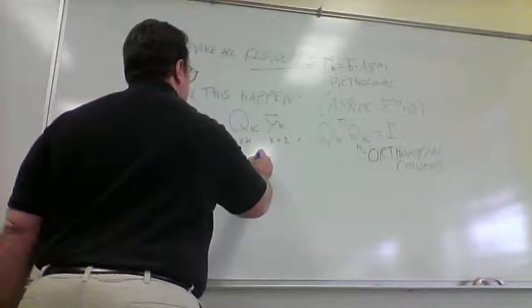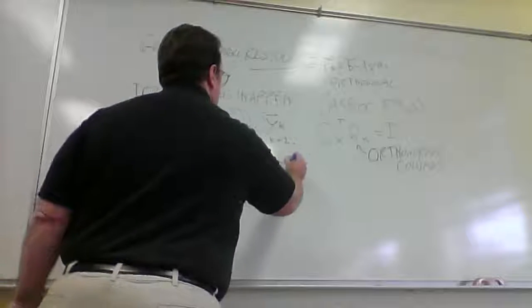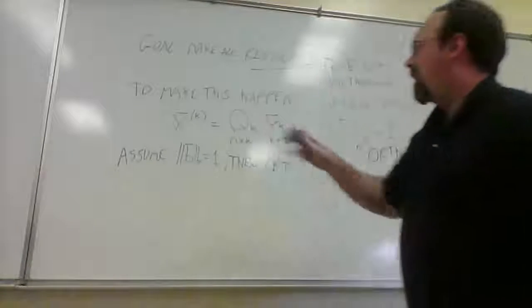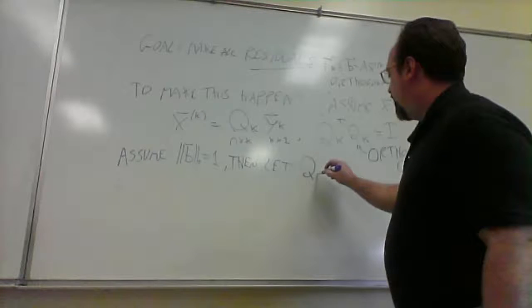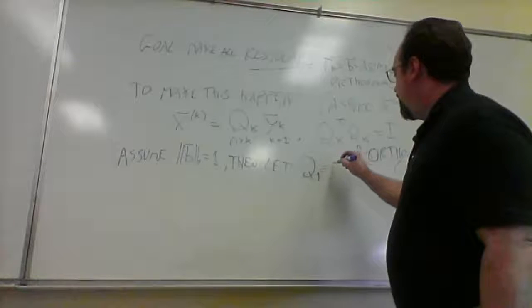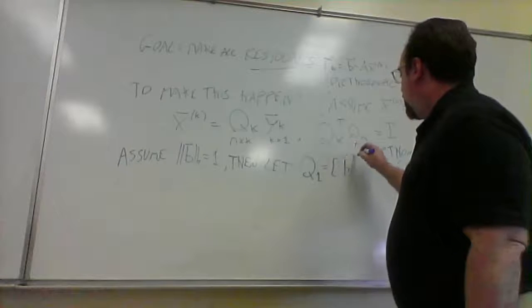The reason why I'm doing that is I'm going to prescribe that the first column of Qk, so q1, is just going to be b. So I'm going to use b as my very first search direction, which makes sense because that's a direction of steepest descent when your initial guess is 0.